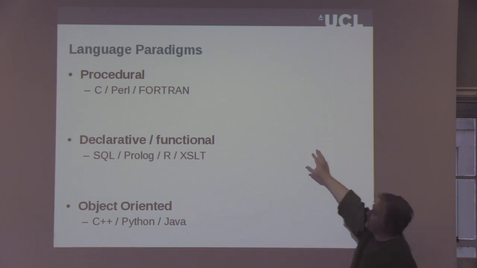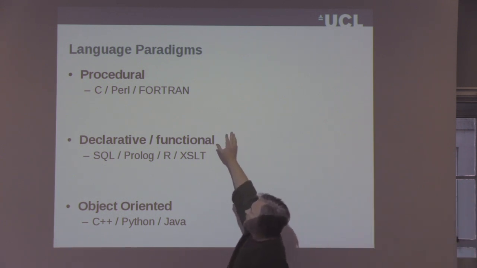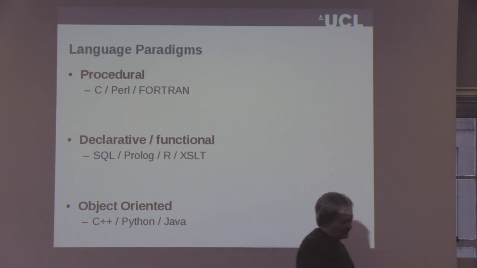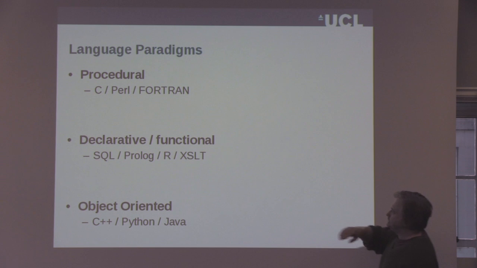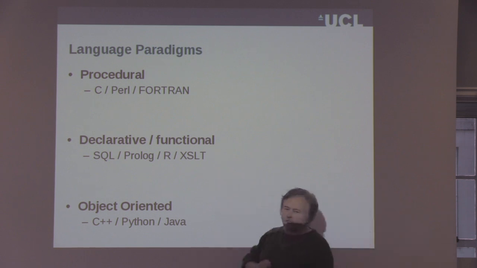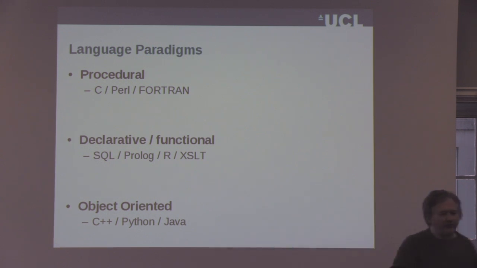I'm not going to go into much detail about this, but procedural languages like C, Perl, and Fortran, basically you start at the beginning and you finish at the end. You might take steps off to something else on the way, but basically it's a kind of linear path. Declarative and functional languages, you don't specify how to do anything at all. You just say what you want back.